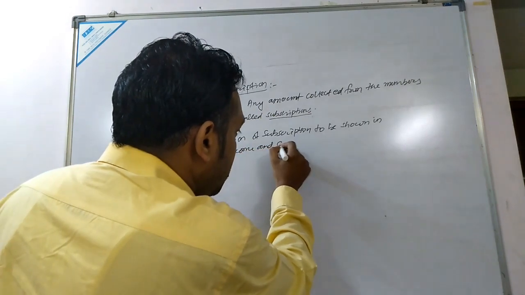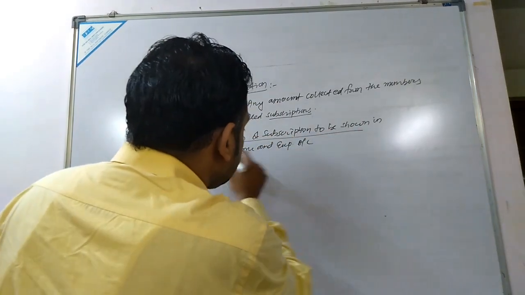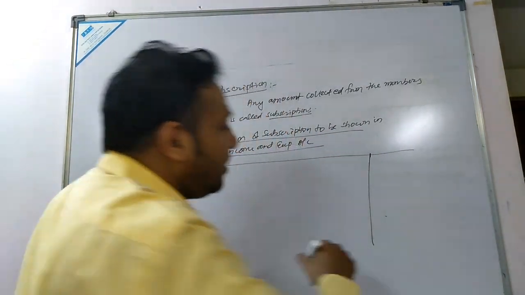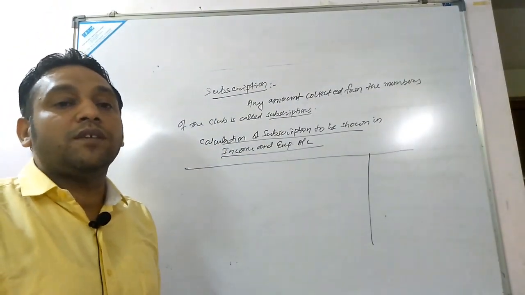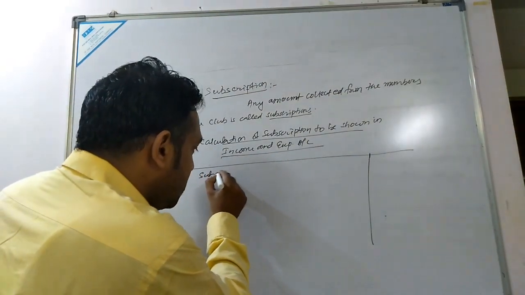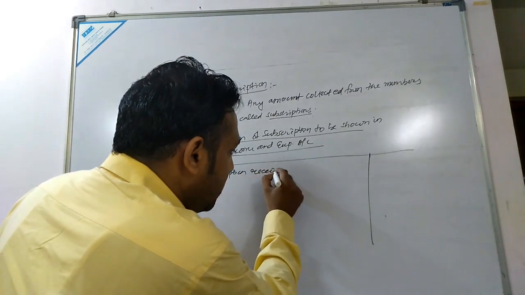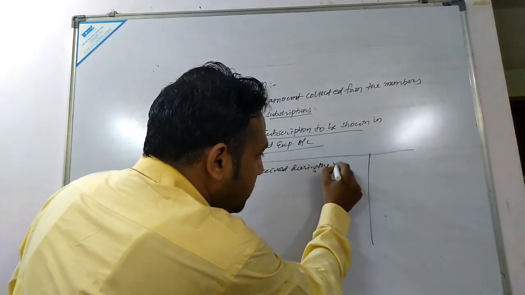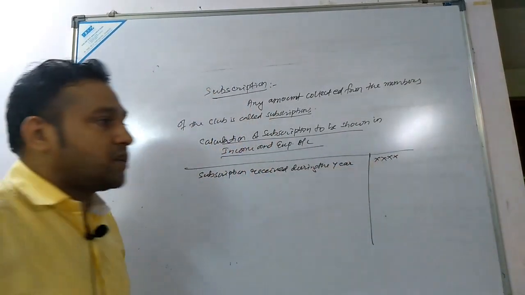First of all, we take the subscription received during the year, which will be given in the question. From that you take the amount of the subscription.